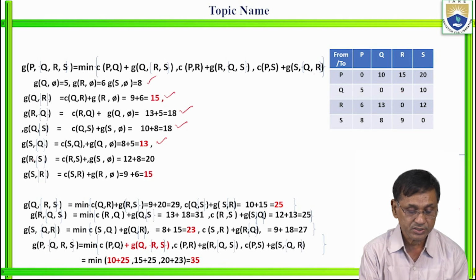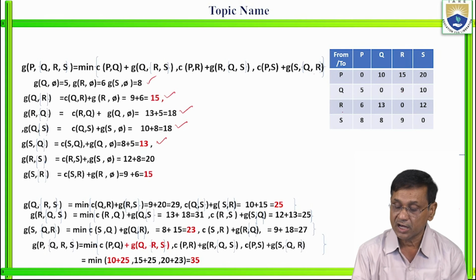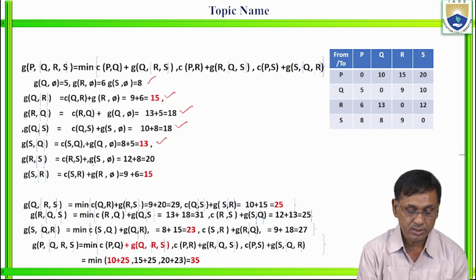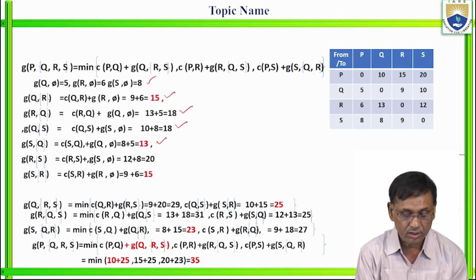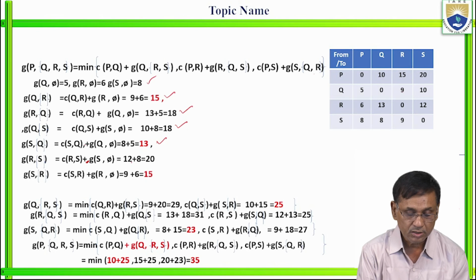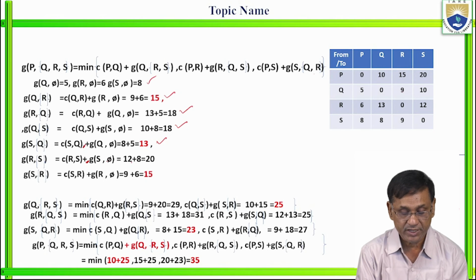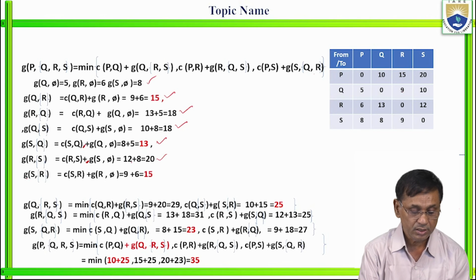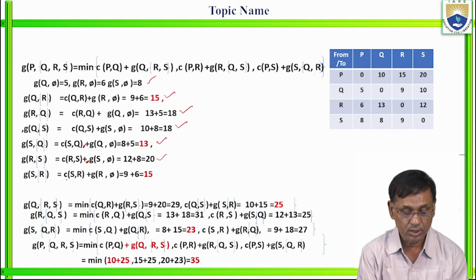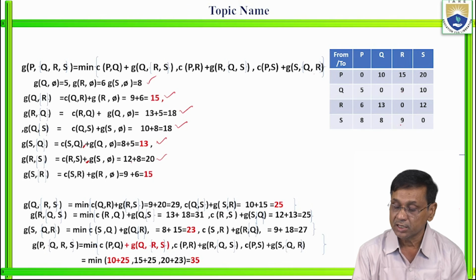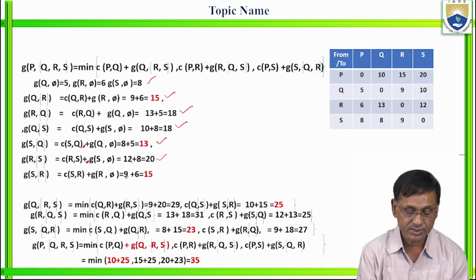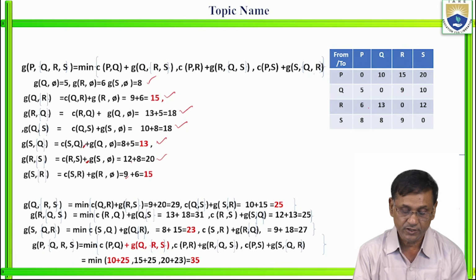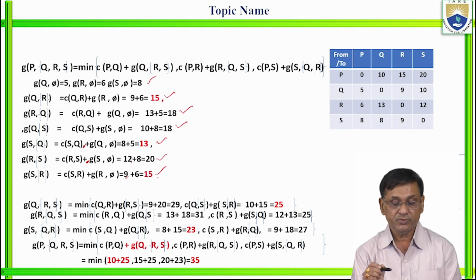Next, similarly, the cost of going from R to the set S is equal to the cost of edge R, S, which is 12, plus the cost of going from S to pi, which is 8. That is 20. Next, the cost of going from S to the set of vertices R is equal to the cost of edge S to R, which is 9, plus the cost of going from R to pi, which is 6. So you can find this value is 15.